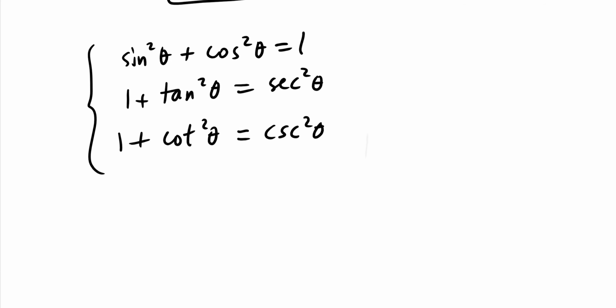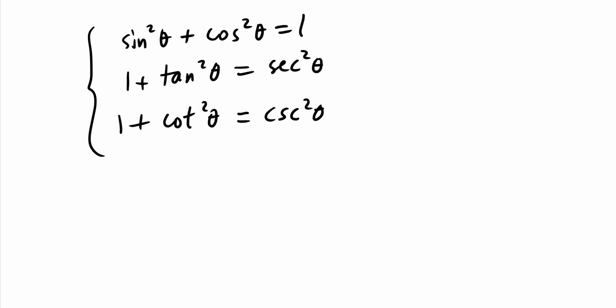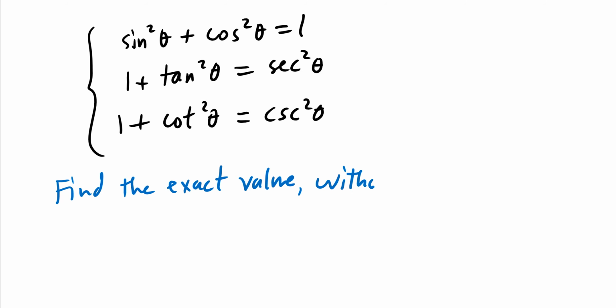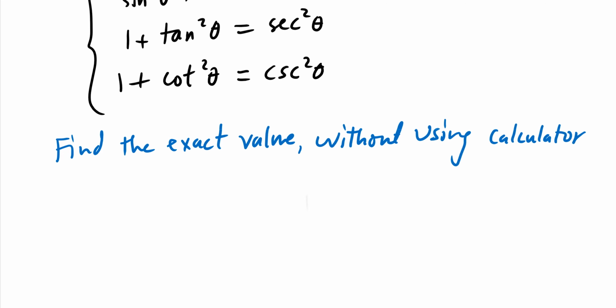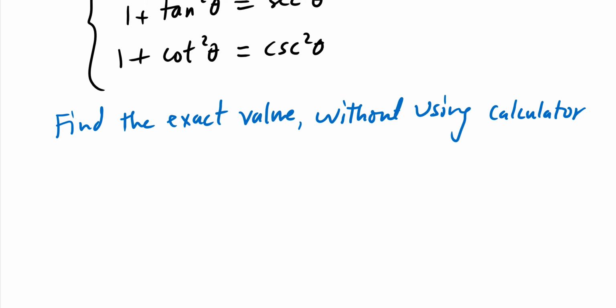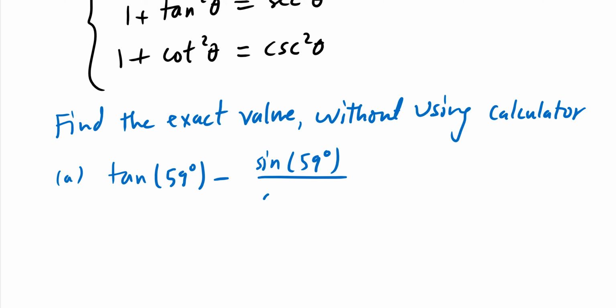How do we apply them? Just to get used to them. Find the exact value, of course, without using a calculator. First example, tangent 59 degrees minus sine 59 degrees over cosine 59 degrees.